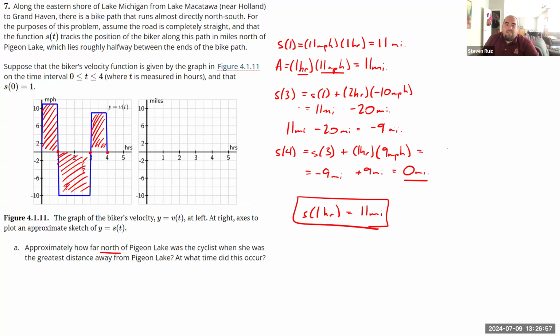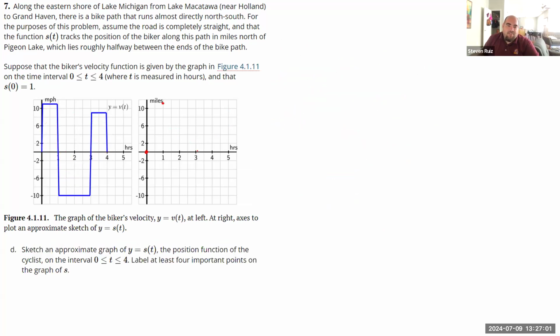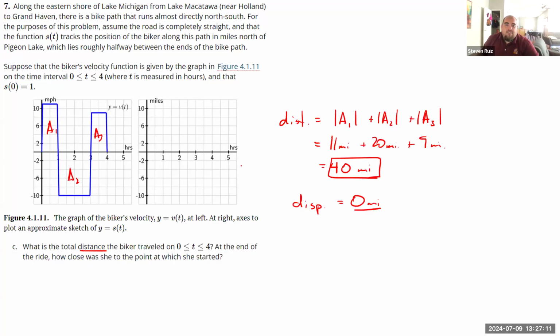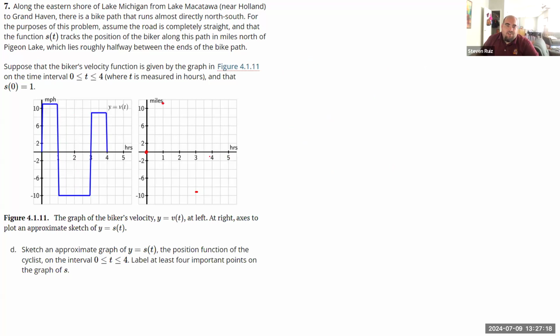Our total net position at hour 3 was -9 miles, which means that needs to be where she was. So at hour 3, she was at -9 miles, so 9 miles south of the reference. And then what else do we say? At 4 hours, she had returned to where she began. So I believe these 4 points have to be on my graph.